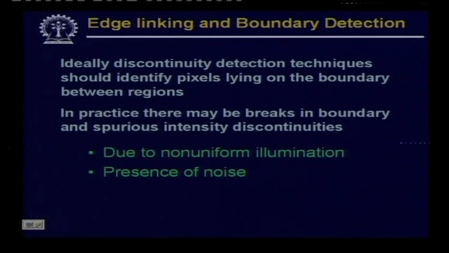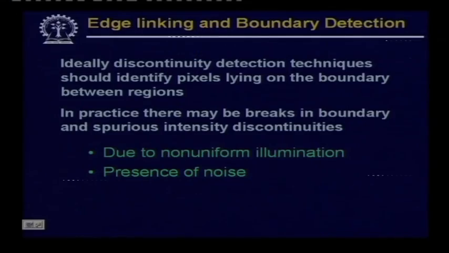We say it is the boundary between the regions because we assume that it is a transition from a low intensity region to a high intensity region, or from a high intensity region to a low intensity region. But while trying to implement this, it has been found that the edge points, which we expect to be continuous to give us a meaningful boundary description of a segment, cannot be achieved in practice.